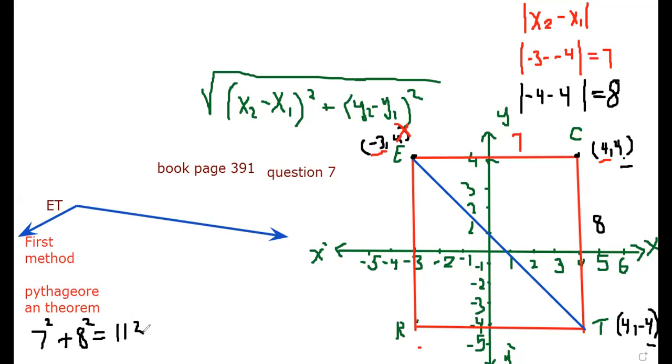This one is the answer for ET square, right? Yes. So 113 will be the square root of 113 to find the value of ET only.